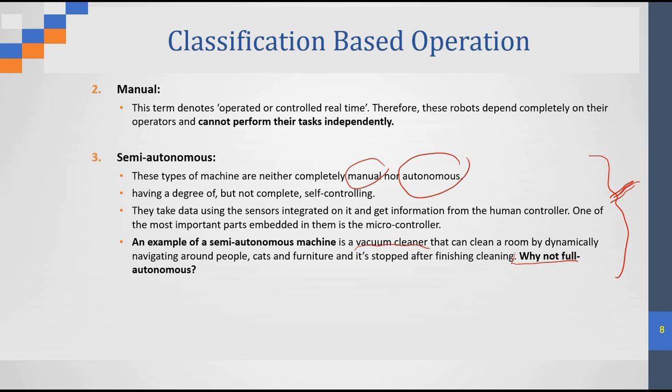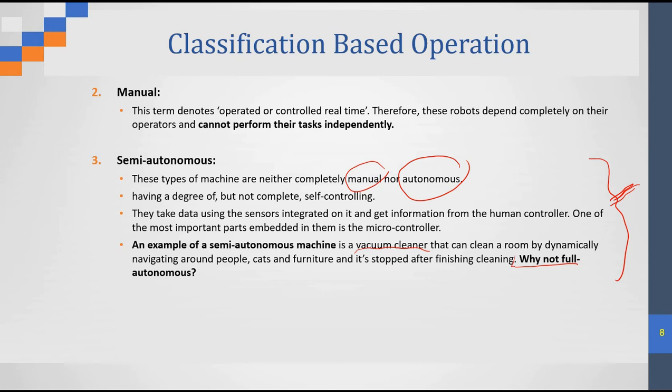Why? Some of these vacuums, you start them and then they work by themselves in the room. If there is any obstacle, they try to avoid it. If there is something, they clean it and finish cleaning. Then you come and stop it. So this one is still not fully autonomous. Some other devices you will find in the market now are the same kind of vacuum.